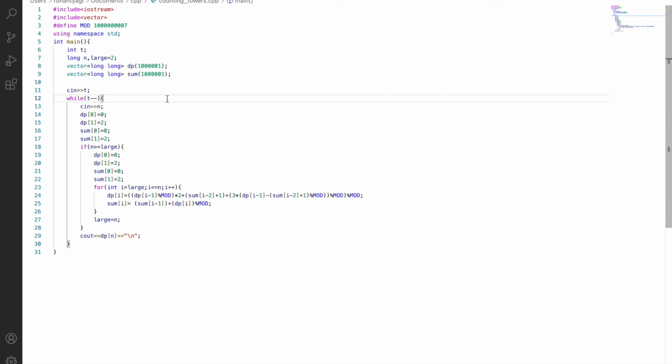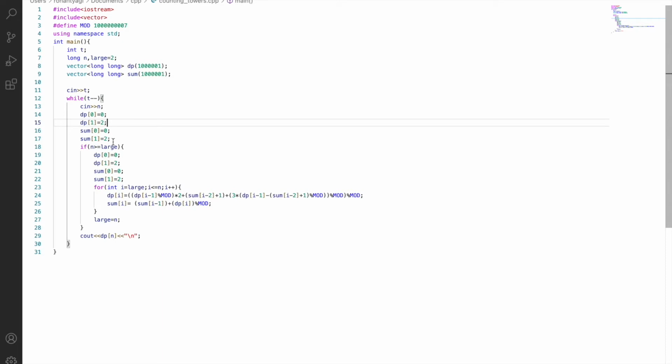This is the number of test cases, and I am taking input the value of n. dp of 0 equals 0, dp of 1 equals 2, as we have two choices: either we can use two independent boxes, or we can merge two boxes to use a rectangle. So these are the two choices we have.